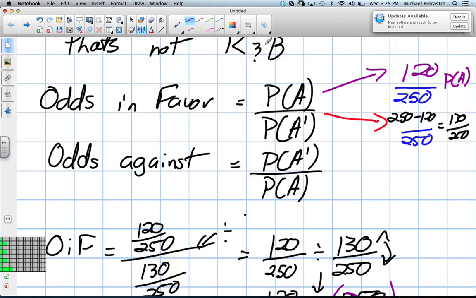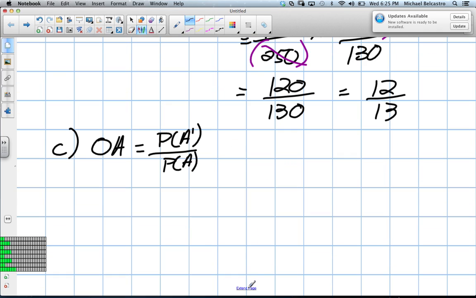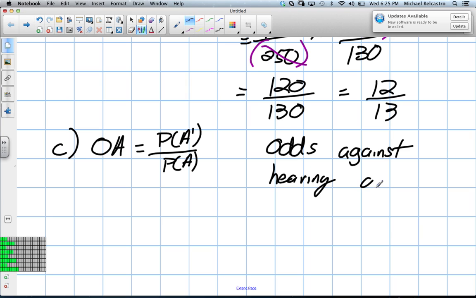So in that case, that would be our P(A), correct? Let's write the question out just so we know: odds against hearing a song that's both.